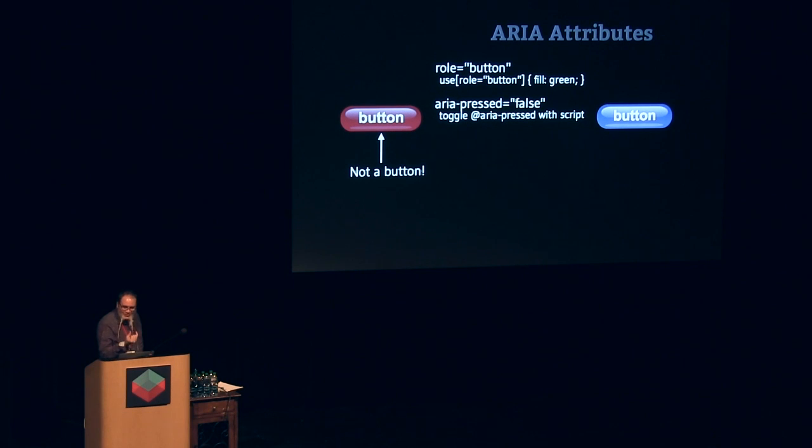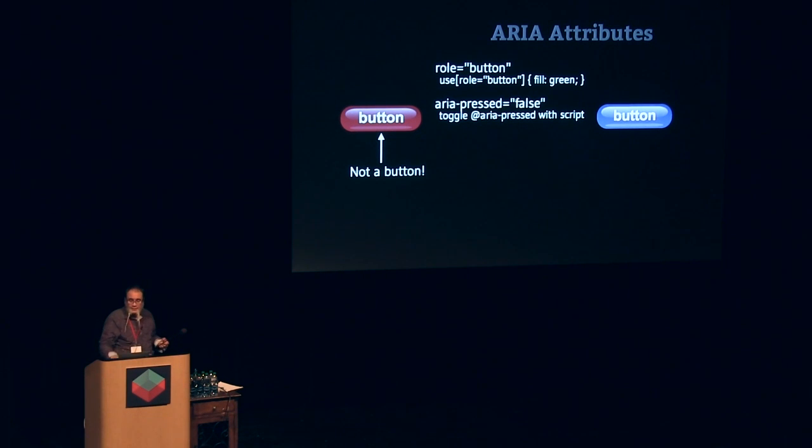If you add role equals button, accessibility APIs. And accessibility API is the OS level functionality that somebody uses to do screen readers or to do all these accessibility navigational things. So if you add role equals button to your button, let's say you've made the button out of a div or you've made it out of a paragraph or whatever you've done, as far as the accessibility API is concerned, that thing is a button.